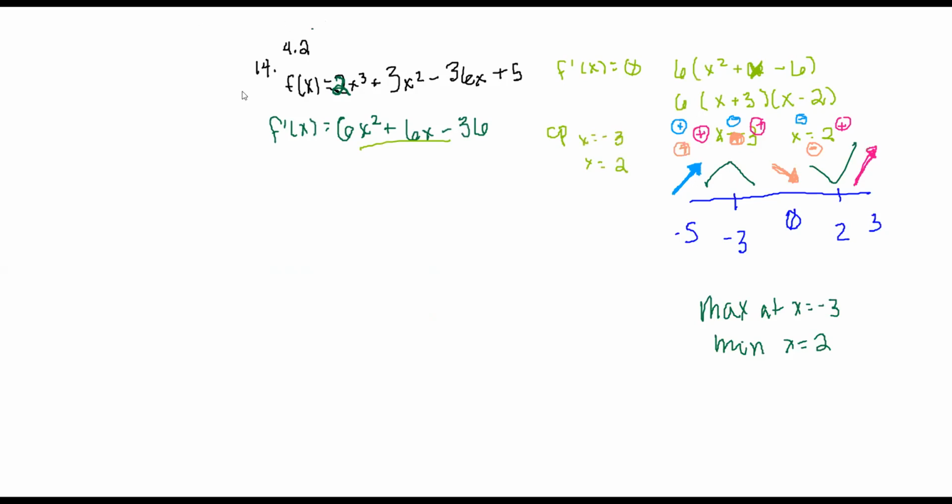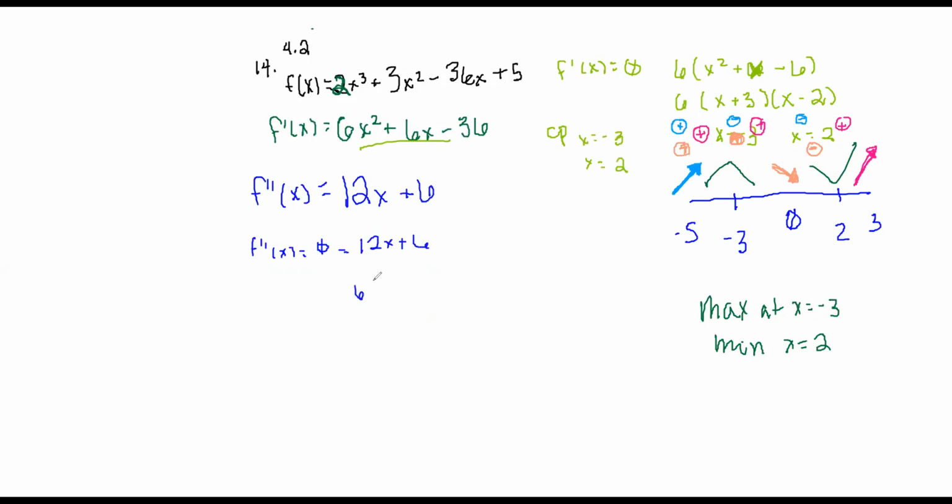So we have f double prime is equal to, what is this equal to? So that is 12x plus 6. So we're going to say f double prime is equal to 0.